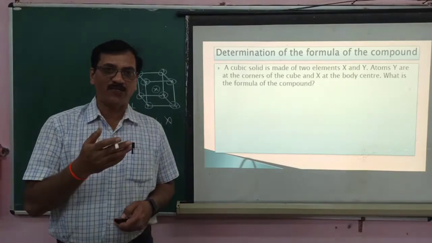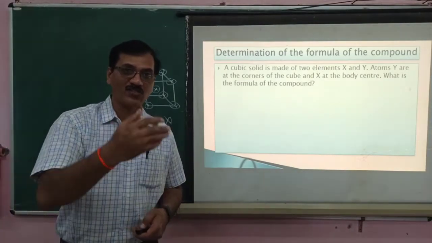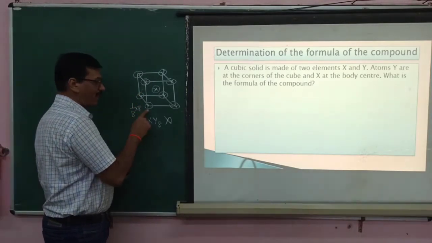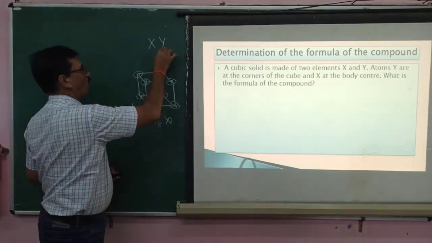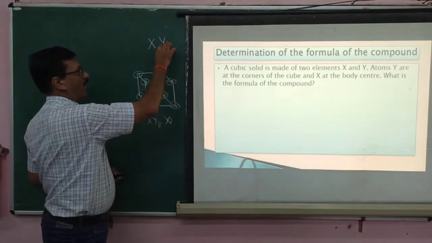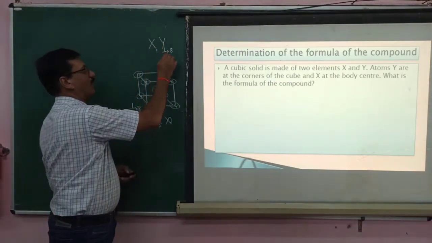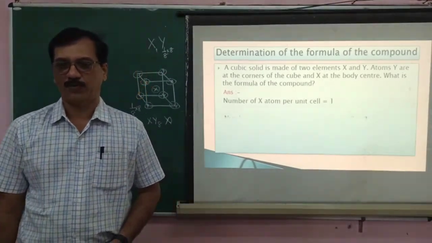So to determine the formula, we always have to take the number of atoms inside the unit cell. So 1/8 of 8 Y atoms are there and X, completely 1, is there. So X1 Y1 is the formula of the compound.